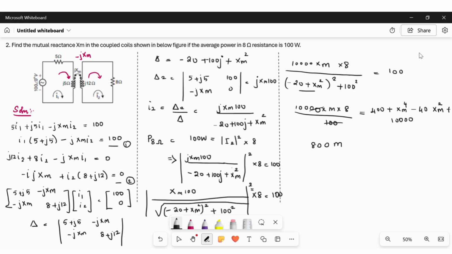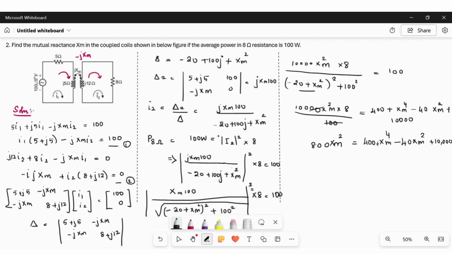Okay, I have missed one square here, so let me add that, XM square. Now 800 XM square is equal to XM power 4 minus 40 XM square plus 10,400.